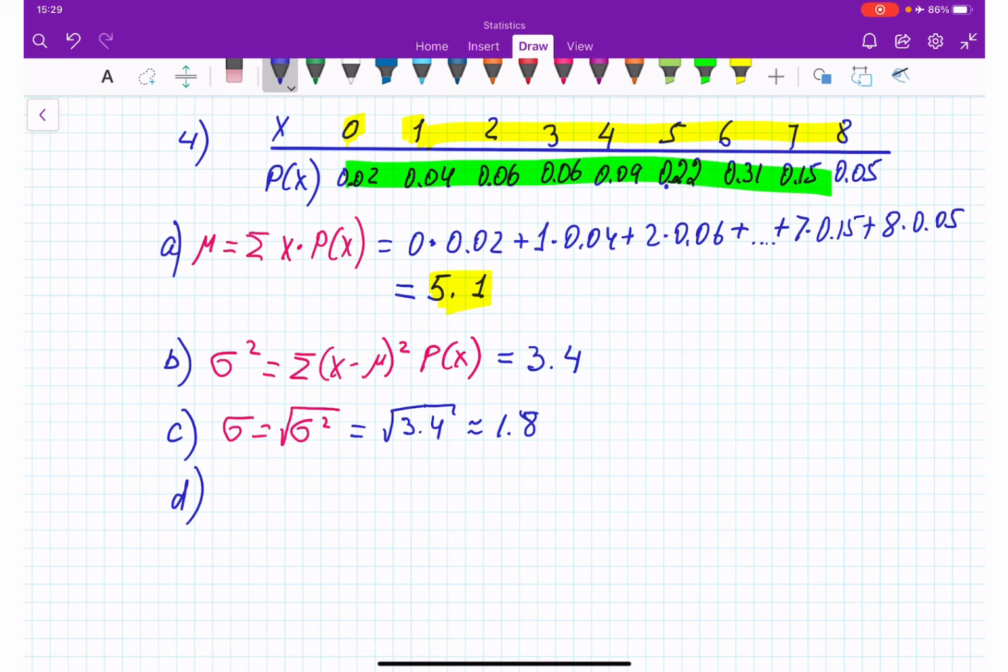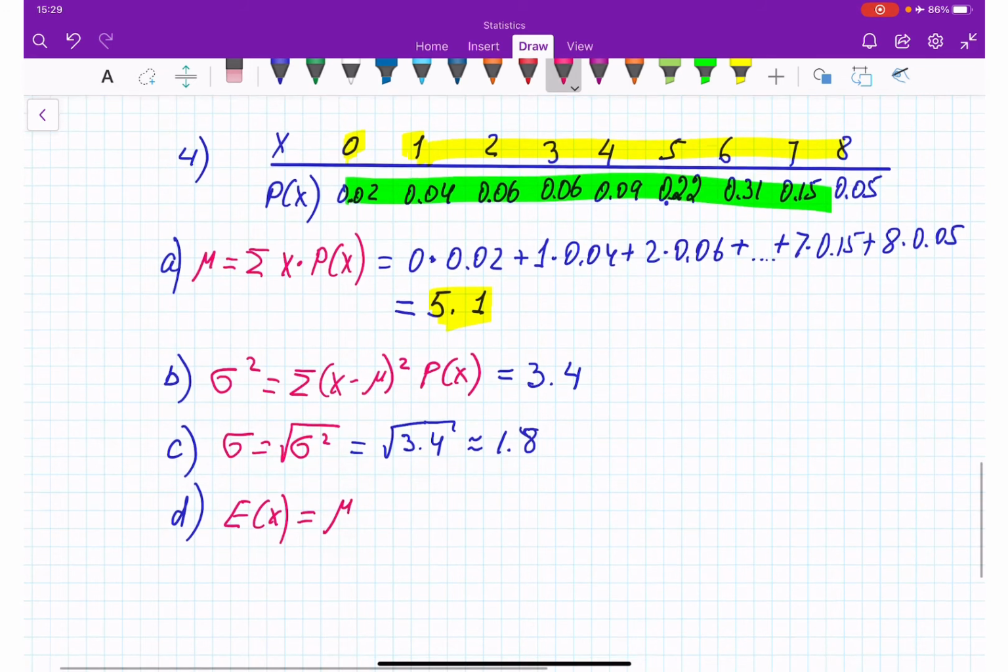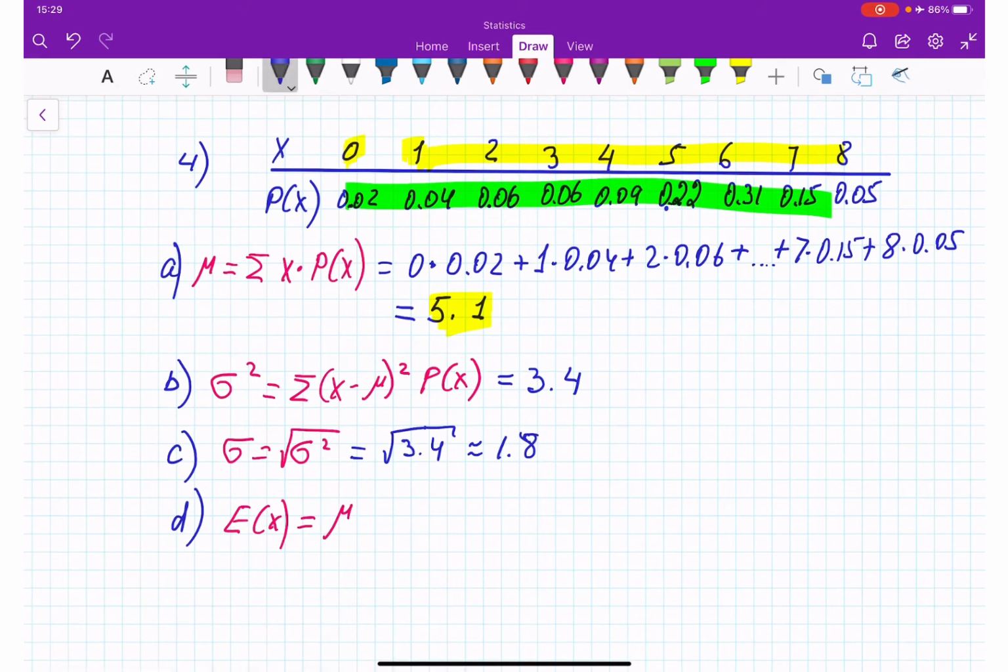And D, we need to use the probability distribution to find the expected value. What is expected value? Expected value is nothing else but your mu, which our mu is 5.1.